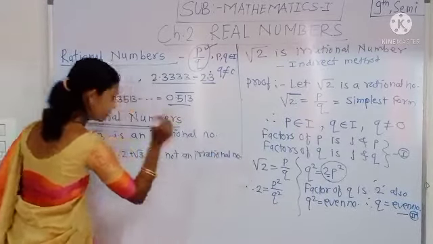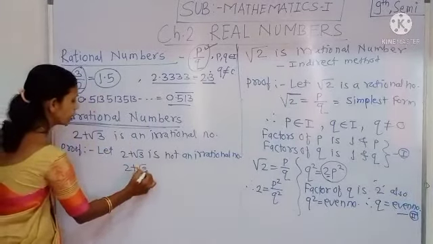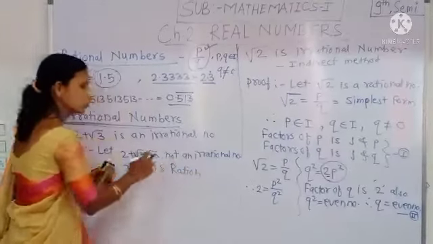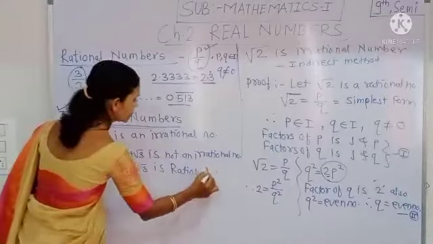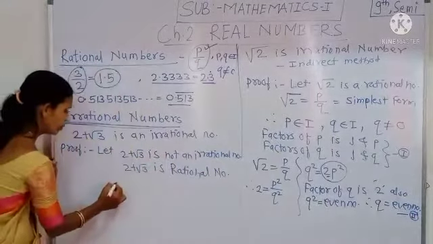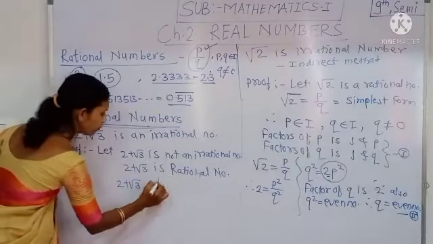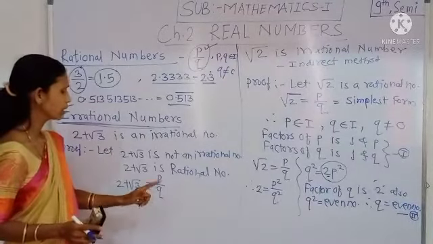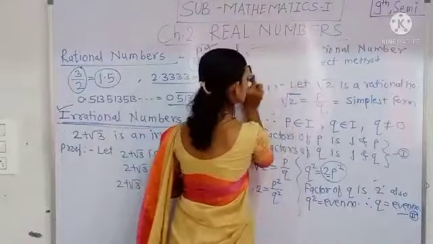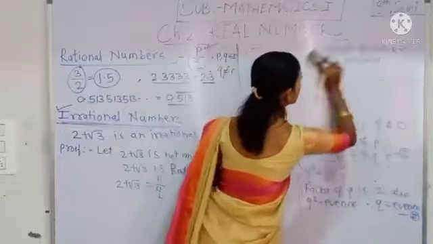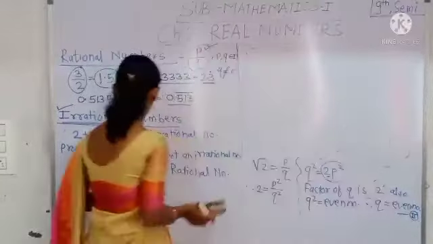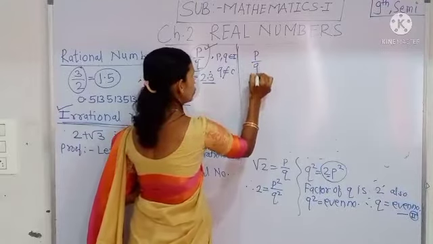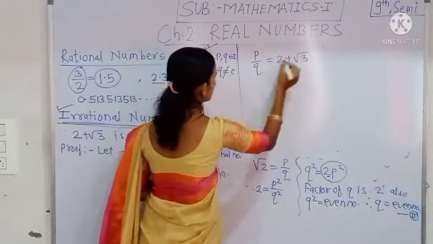That means 2 plus root 3 is a rational number. If it is not an irrational number, then it is a rational number. Therefore, 2 plus root 3 can be written in the form of P upon Q, so P upon Q is equal to 2 plus root 3.